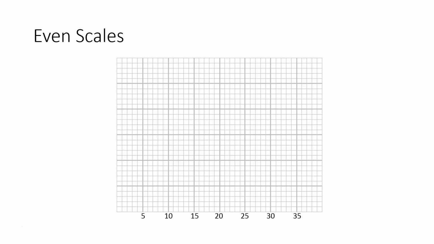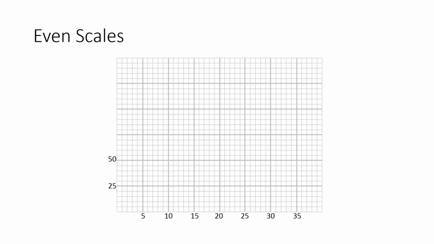So if we start right from the very, very far left, we get 0. And then we get a line to mean 1, a line that means 2, a line that means 3, a line that means 4, and then the fifth one, the darker one, is the line that means 5. Okay? So that's an even scale that runs along our x-axis or our horizontal axis.